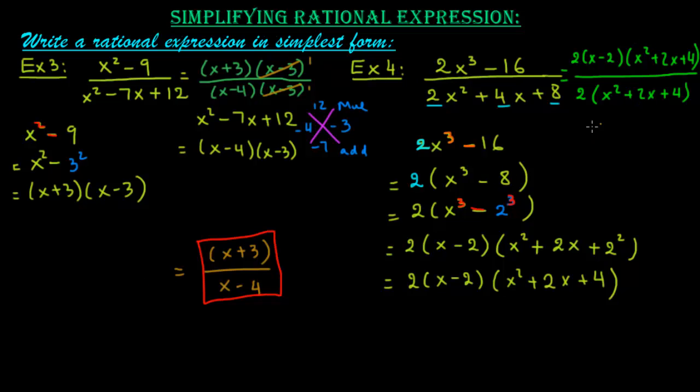Comparing back and forth the numerator and denominator, you see that 2 divided by 2 is completely 1 and 1. And x squared plus 2x plus 4 matches the bottom, so they divide down, also giving me 1. So 1 times x minus 2 times 1 will be x minus 2.